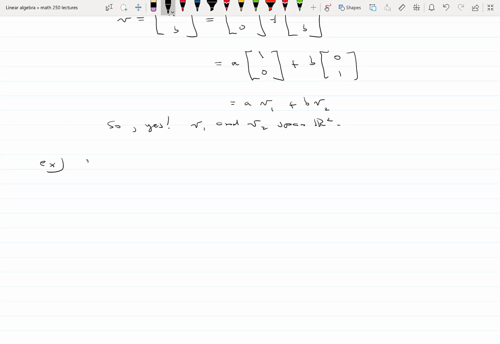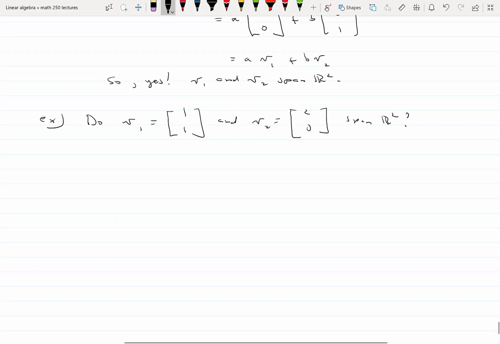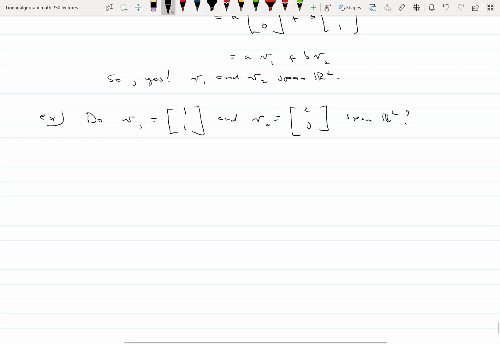Same vector space, R2. So let V1 equal (1, 1) and V2 equal (2, 0). Do those two vectors span R2? Can every point in R2 be written as a linear combination of these two vectors?